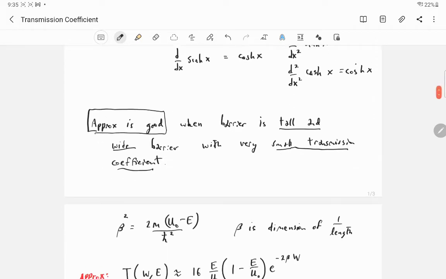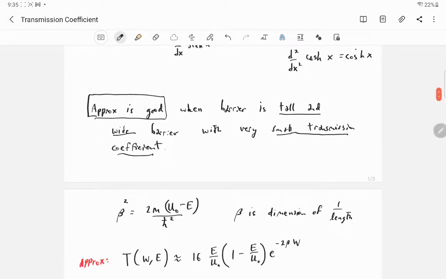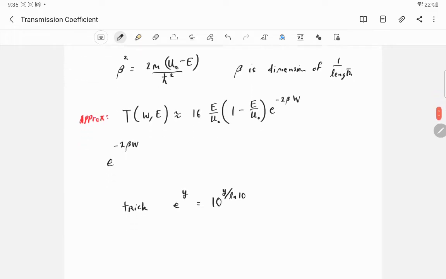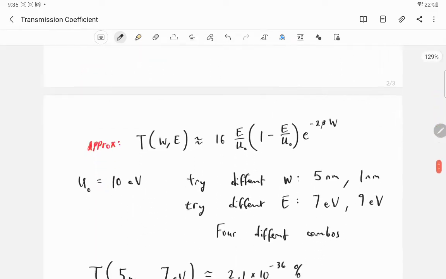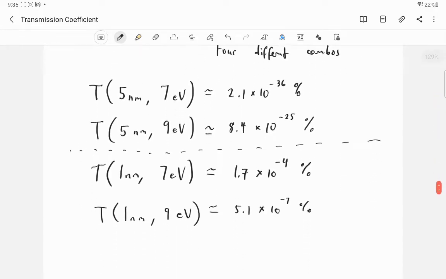And what I've got is an example where we do have very small transmission coefficients. Small transmission coefficient means that when I calculate T, it's going to be a very small number. Let me show you quickly the example. The examples that we're going to have are that the transmission coefficient is like 10 to the minus 36, or 10 to the minus 25, or 10 to the minus 4, or 10 to the minus 7.